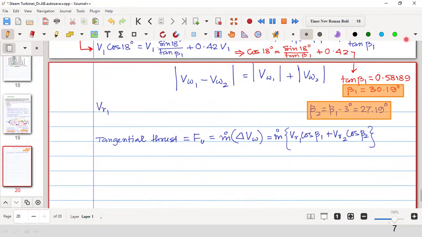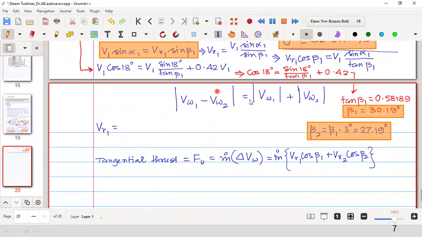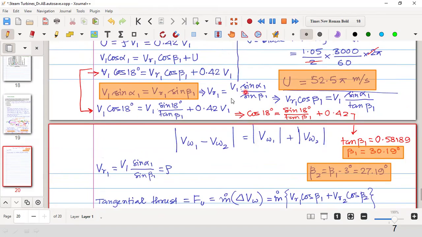VR1 is equal to, from this relation, V1 sin alpha 1 by sin beta 1. Now what is V1? V1 is equal to u by rho.